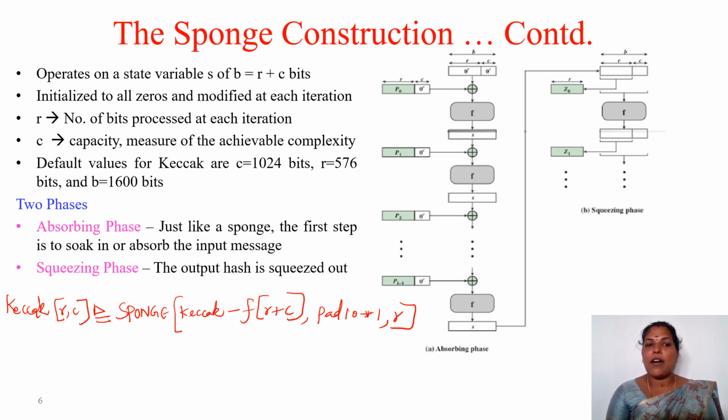So KECCAK of r comma c, where we know r is the bit rate and c is the capacity, equals sponge of KECCAK-f of r plus c, comma pad 10*1, comma r. This is the sponge function we are applying, and the input to the sponge function is these things. So this process happens.